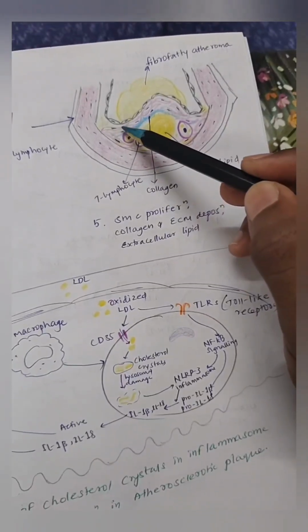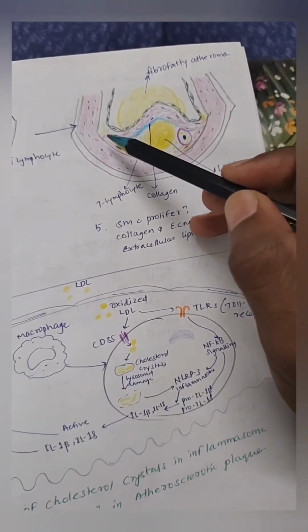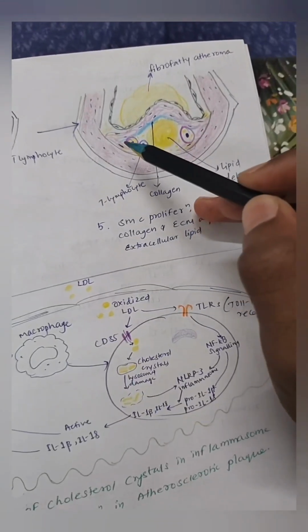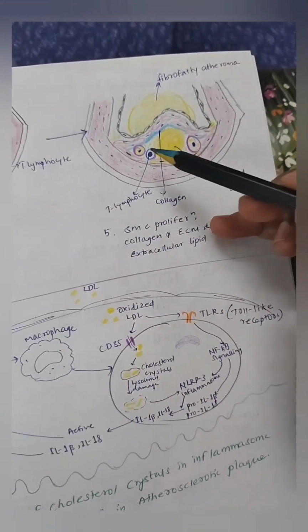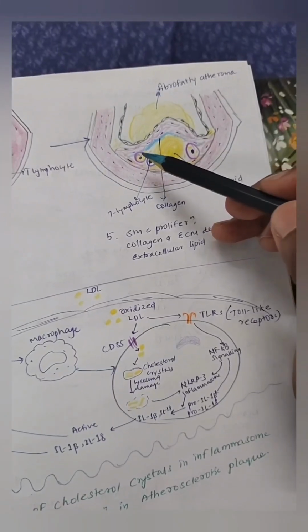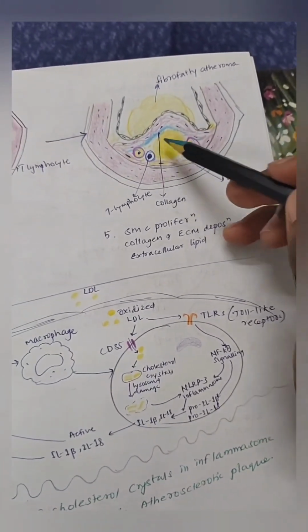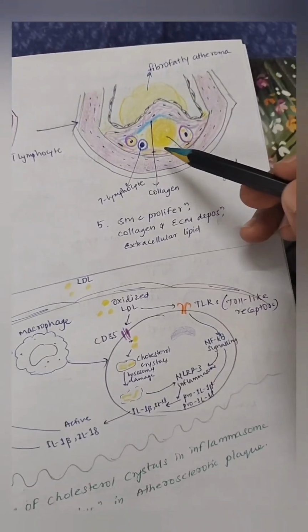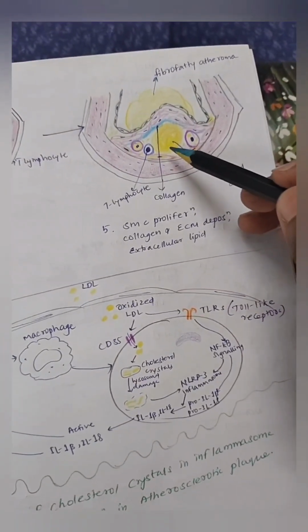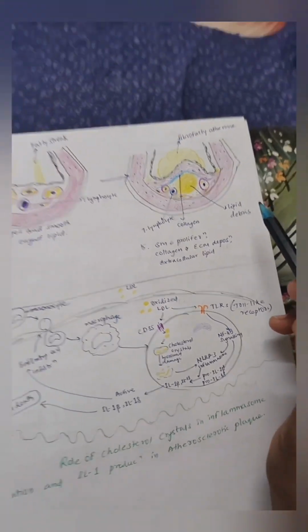So at the junction of smooth muscle cell fibrous cap and tunica intima, we can also see neovascularization, and mostly inflammatory cells and macrophages are present at this junction, and in the core only lipid and cholesterol are deposited. So this is the pathogenesis.